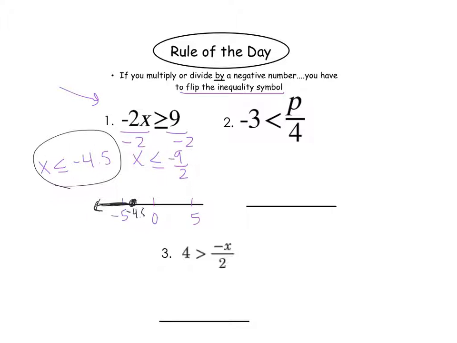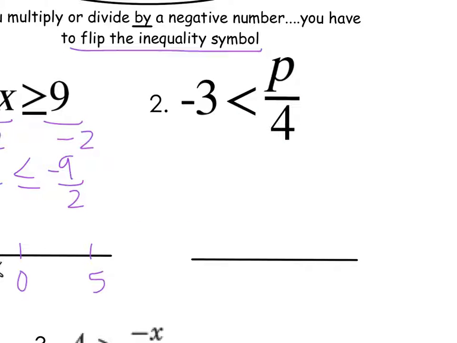Okay, let's look at number 2. Again, I need to isolate my variable, so let's go ahead and look at what we need to do. So I have -3 is less than p over 4, so to isolate my variable, I need to undo a division of 4 by multiplying by 4. So I have -12 is less than p. Now, I did not multiply by a negative number, so I do not need to flip the inequality symbol.